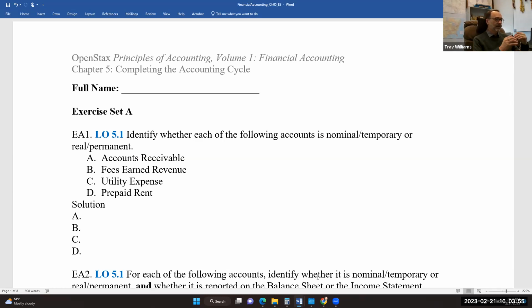We learned about identifying and analyzing transactions, posting them to the journal, posting them to the ledger, and making our unadjusted trial balance. Those are the first 4 steps. Then we learned about making adjustments last week, then the adjusted trial balance, and then making the financial statements. So those are the first 7 steps of the accounting cycle.